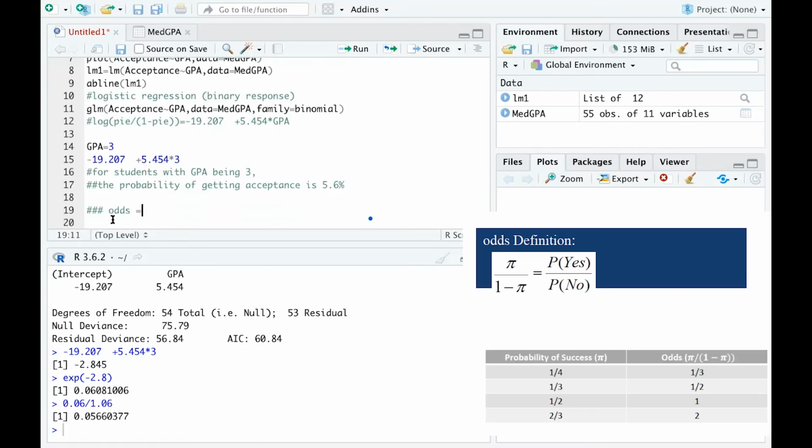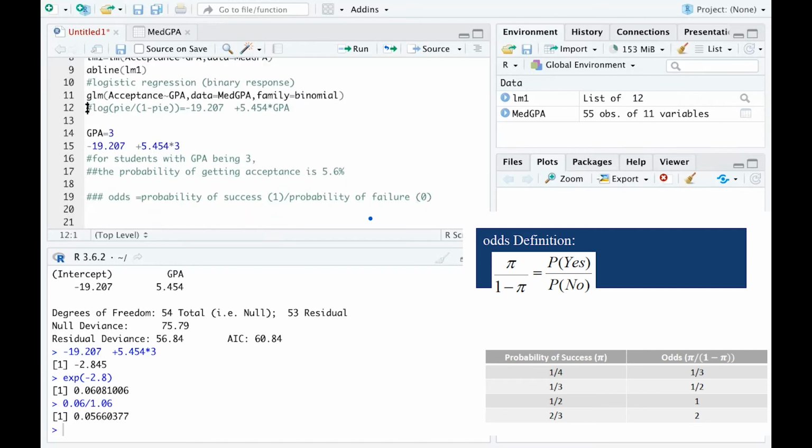Odds is defined as the probability of success over the probability of failure. This success and failure doesn't mean a real success. We are talking about the probability of getting a 1 over the probability of getting a 0. So that is named as odds.